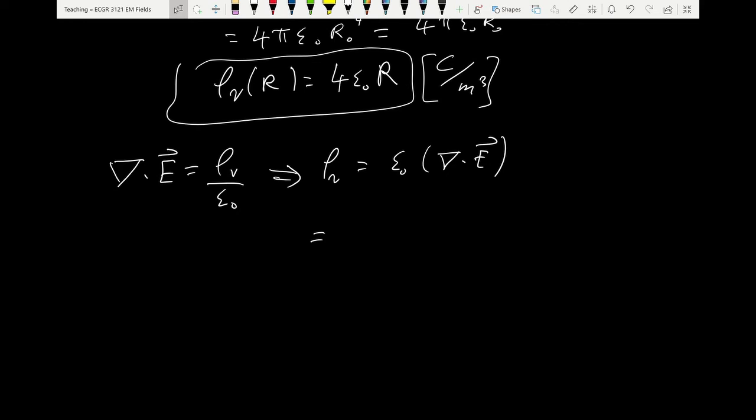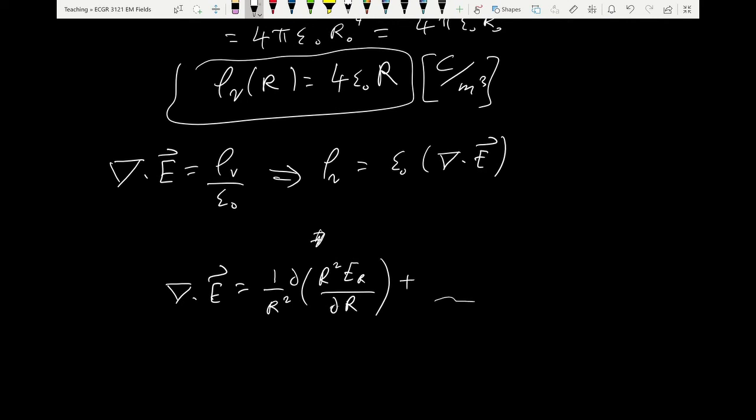So I could just write divergence E equals 1 over r squared times the partial derivative of r squared E_r, the r component of E, with respect to r. And then there are two other terms, but we can ignore those terms because they are 0.